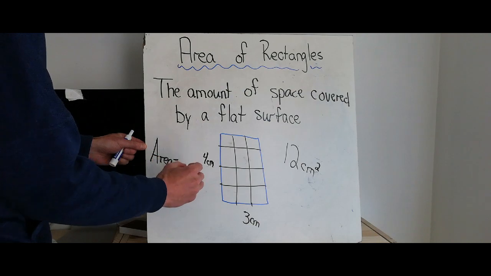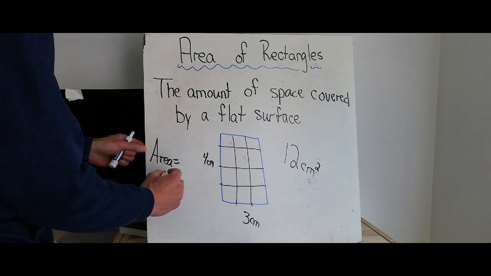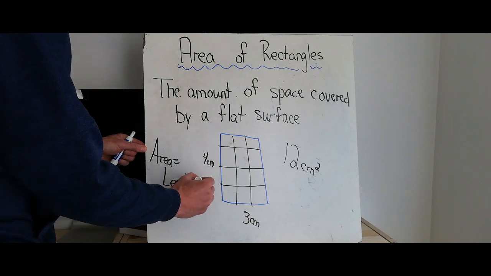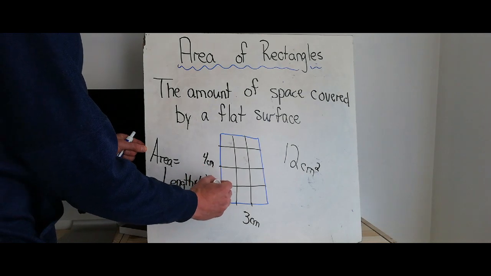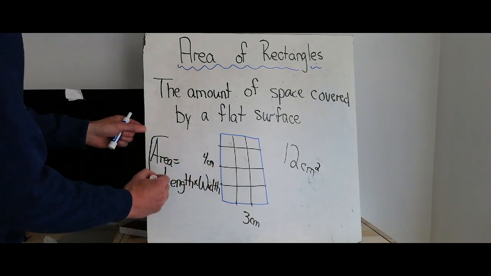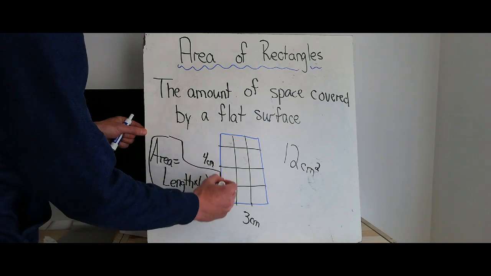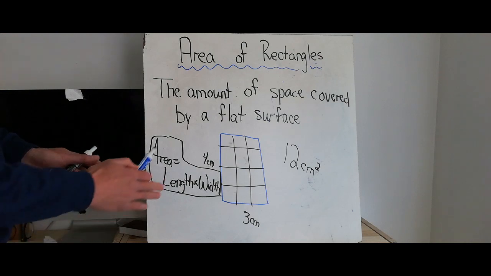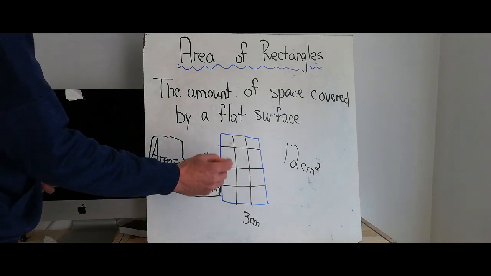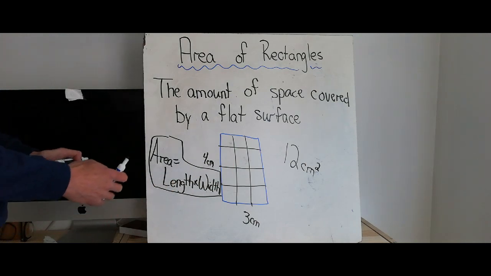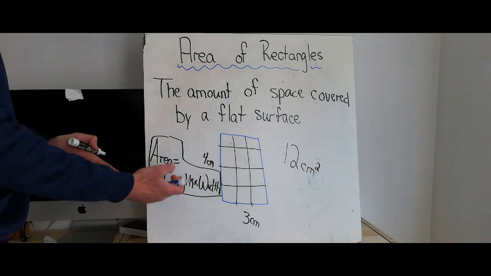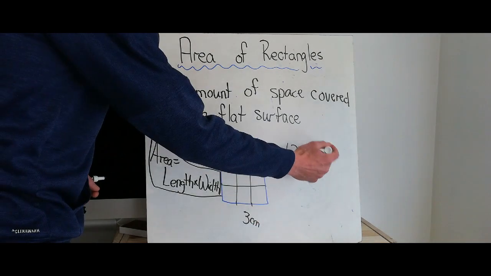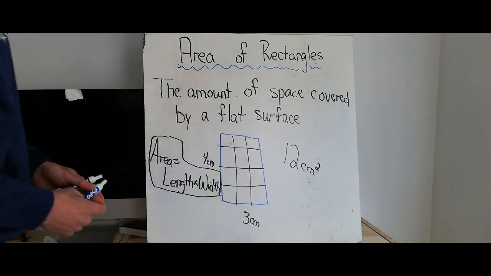The area of a rectangle is equal to the length times the width. So that's the main thing you've got to know. If this was a little bit confusing with all these square boxes, really all you need to focus on is that area is equal to length times width, and you have to remember it's centimeters or meters squared because it's measured in 2 dimensions.